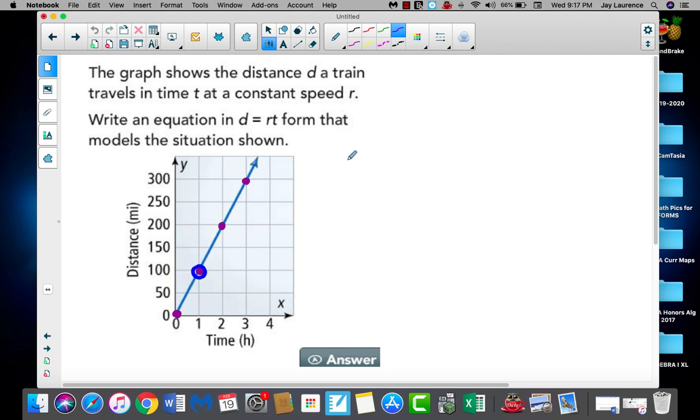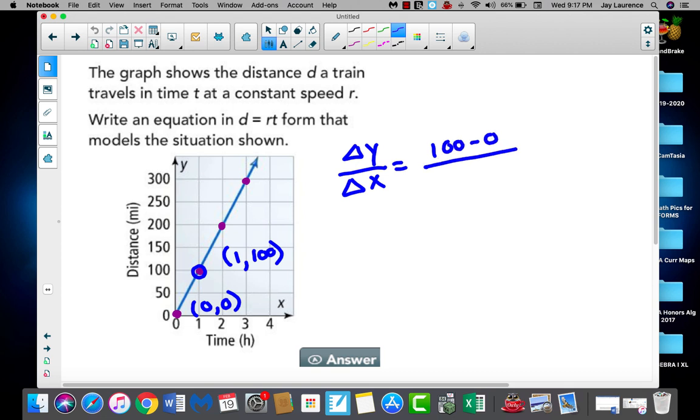So remember, to calculate r is going to be the change in y over the change in x. Now, the coordinates of this point are 1, 100, and the coordinates of this point are 0, 0. Change means subtract, so I'm going to do 100 minus 0 over 1 minus 0, which will give me 100 over 1, or better yet, just plain old 100, if I simplify that.